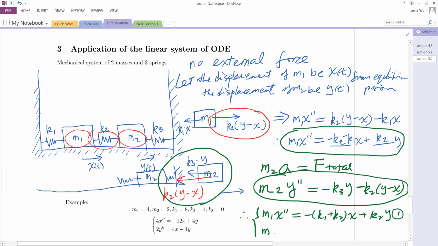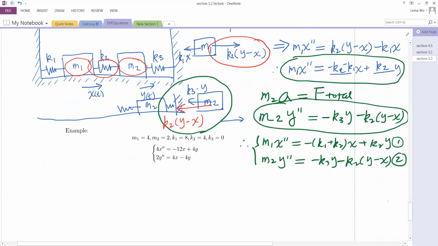The second equation is M2 y double prime equals negative K3y minus K2 times y minus x. That's equation 2. Good? Let's stop here, and next time we'll continue by looking at specific situations when you are given the spring constants.